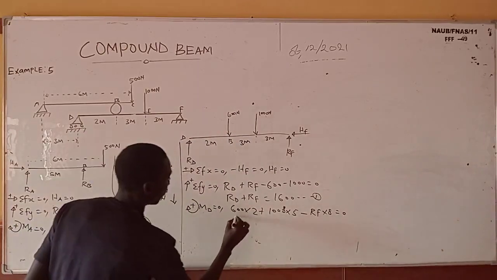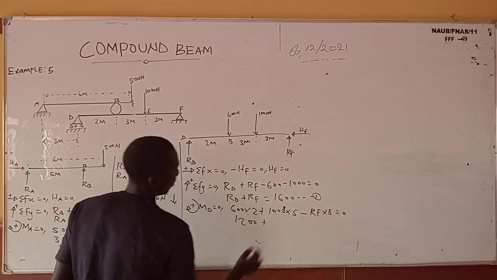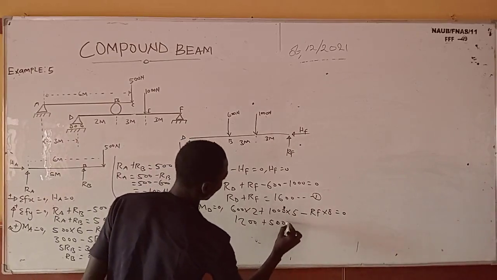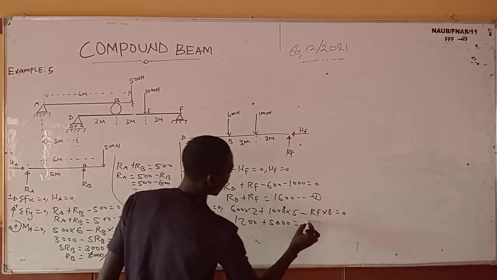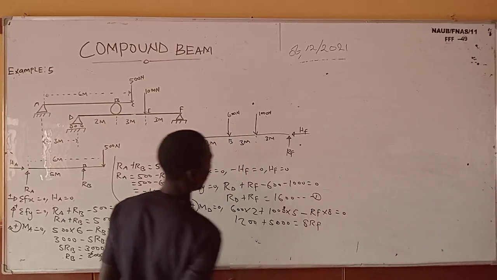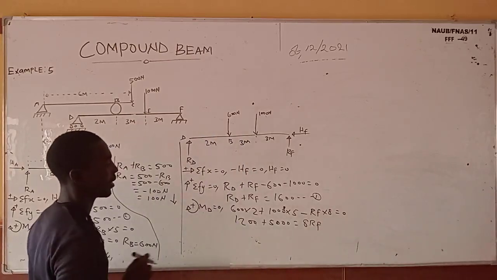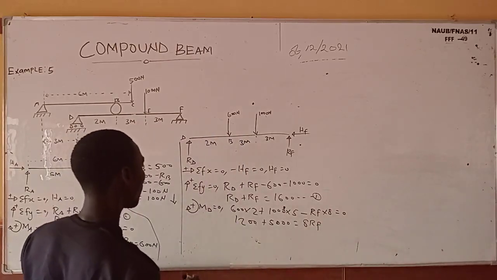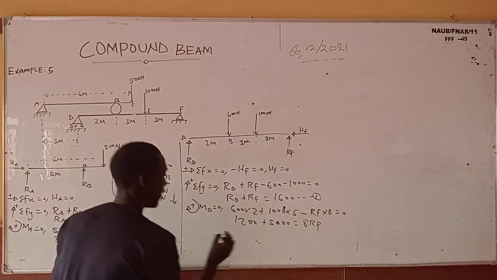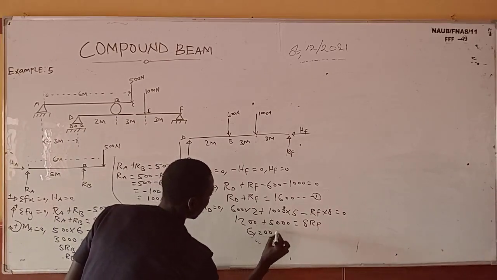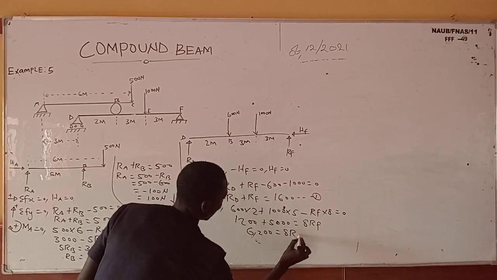So 600 times 2, that is 1200, plus 5000 equals 8 RF. So 1200 plus 5000, that is 6200 equals 8 RF.